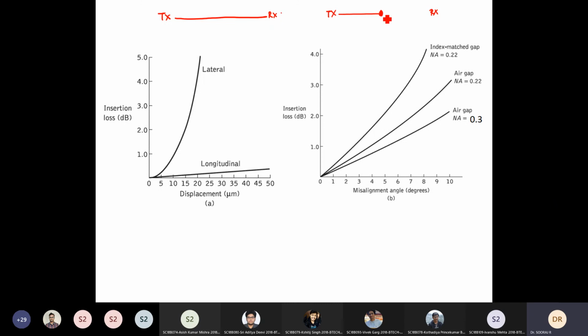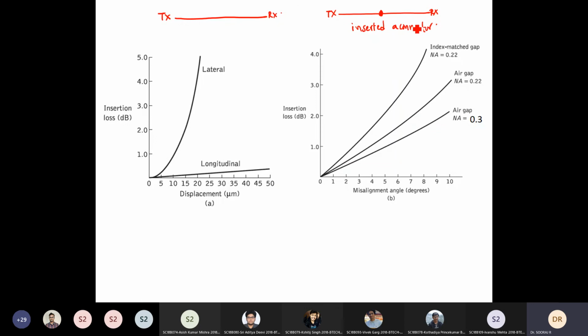At this point, I have connected the optical fibers, which means in this optical communication link, I have actually inserted a connector. The only difference between the two is that in both cases the transmitter and the receiver are connected by optical fiber, but in this case the connection is through a connector. I have joined these two optical fibers, that means I have inserted a connector.